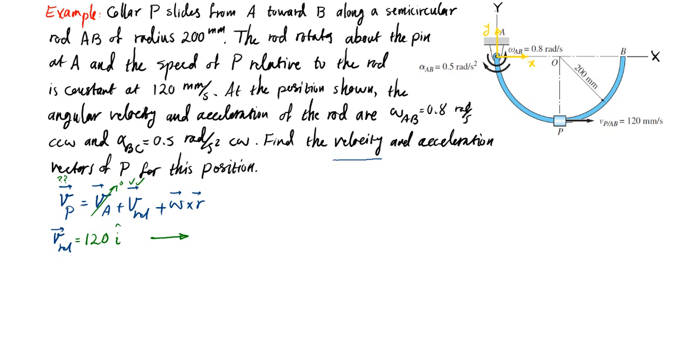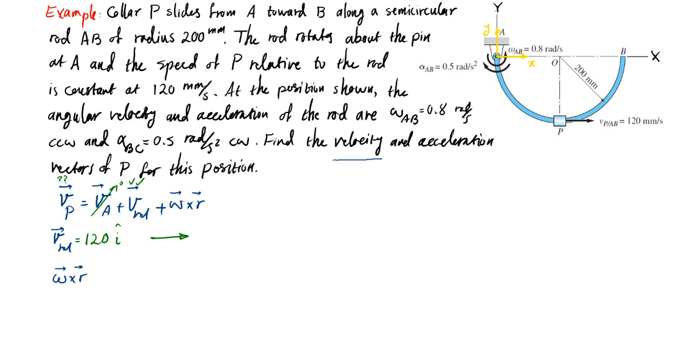The next one is omega cross R. In this case, the local coordinate frame is rotating around its origin, point A, with omega equal to 0.8 radian per second.